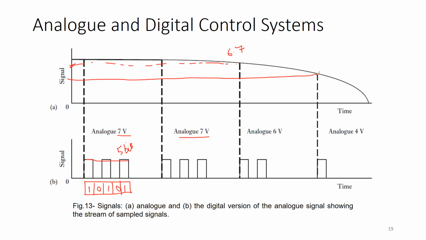Here it may be that the value has reduced a little bit and reached, suppose, 5.8, the average value. So it will round it off to 6. Producing 6, it gives you the signal 1 0 1 0 0. So this type of signal is it.